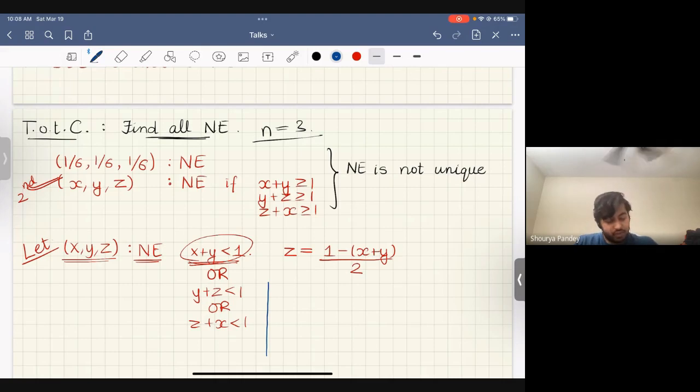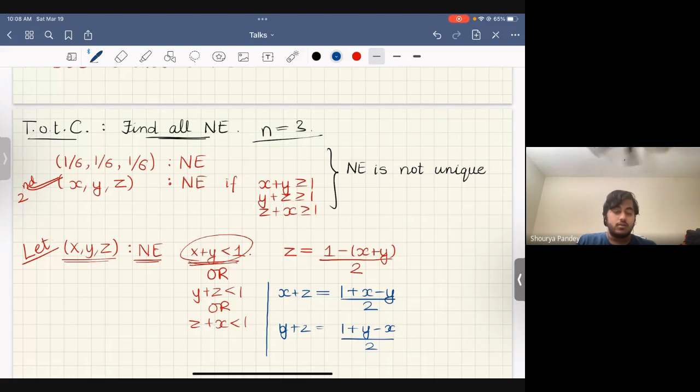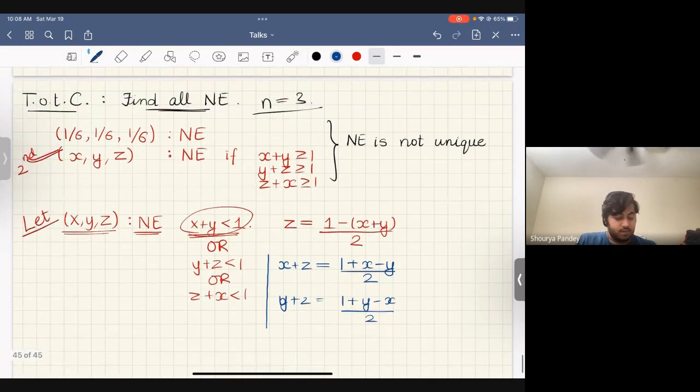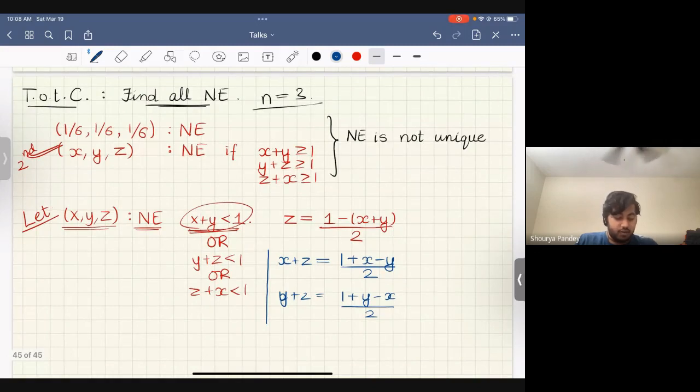What is x plus z? It's 1 plus x minus y over 2, right? And sorry, y plus z is 1 plus y minus x over 2. And so what can we say about these being more than 1 or less than 1? Is it clear that they're both less than 1?